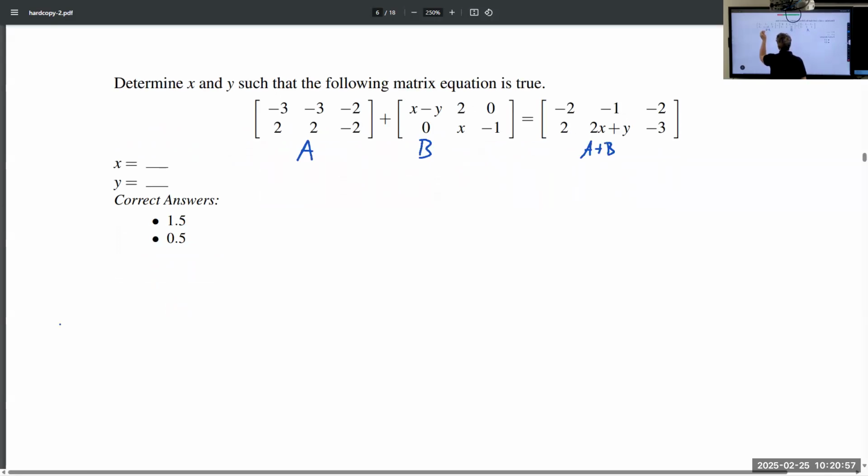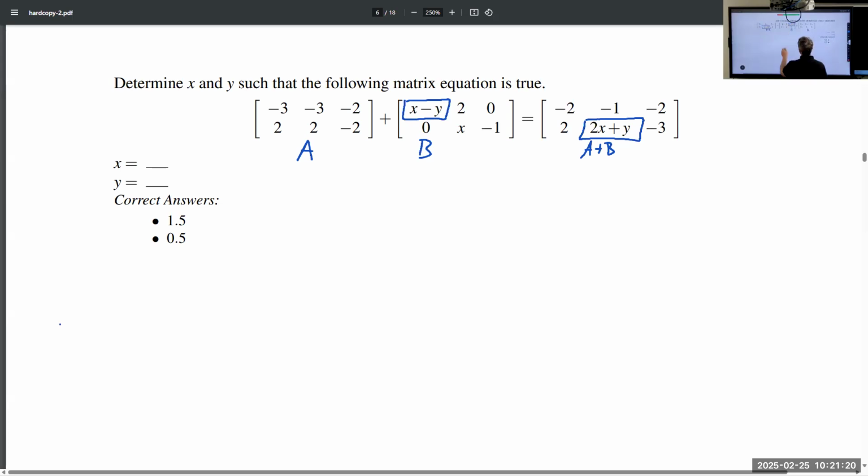We could call this A plus B, or we could call it C or whatever, but you're just adding two matrices there. So it wants me to find what are the values for X and Y which make that true.